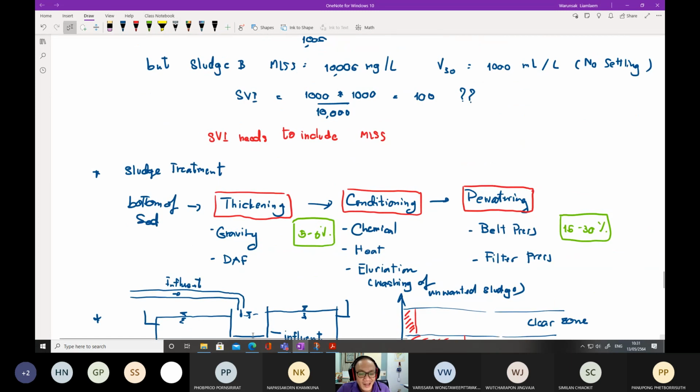Okay, so these are the general ideas about the sludge treatment. For the thickening process, you may use gravity flow or the DAF unit, dissolved air flotation.